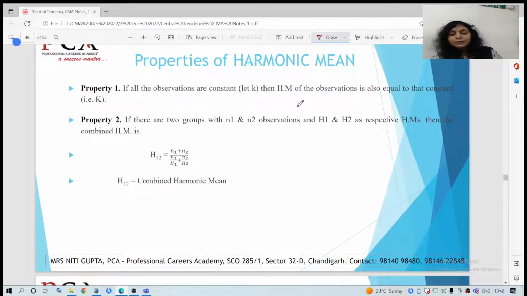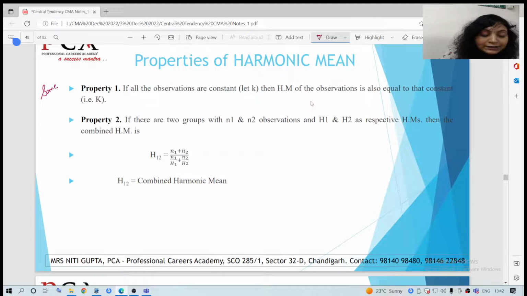Now next thing is properties of harmonic mean. So the first property we have discussed in arithmetic mean as well as in geometric mean. If all the items are same, say 10, 10, 10, 10, then harmonic mean of that series is also equal to 10. That means if all the items are same, arithmetic mean equals geometric mean equals harmonic mean, that is equal to k.